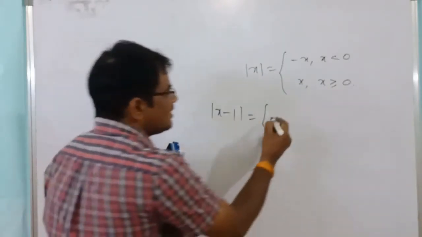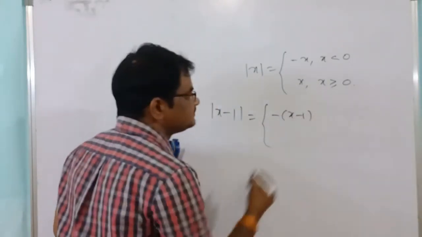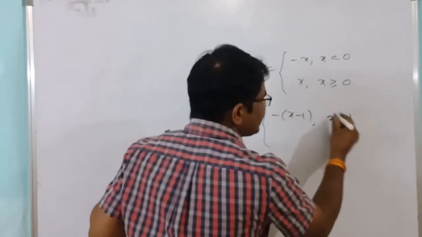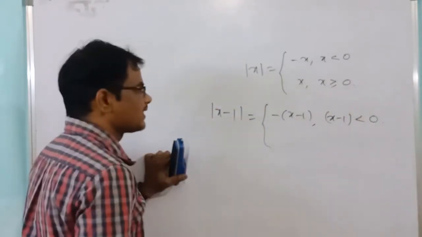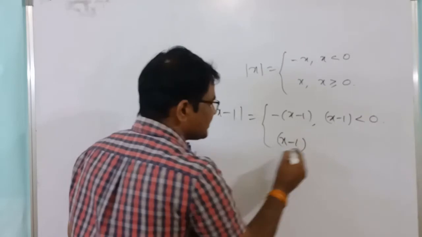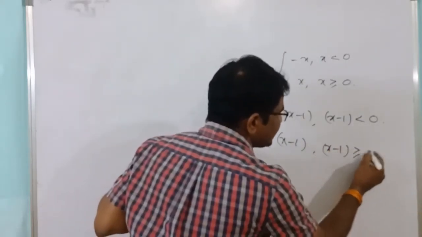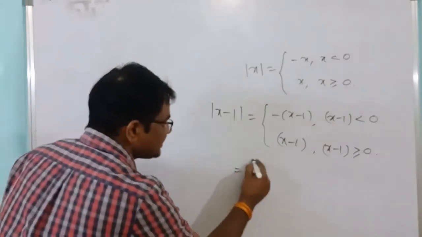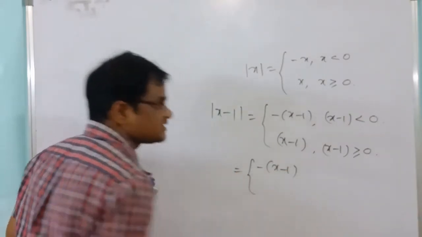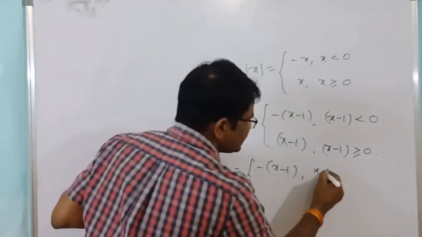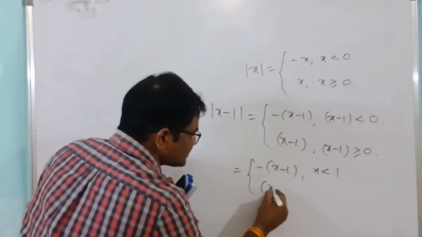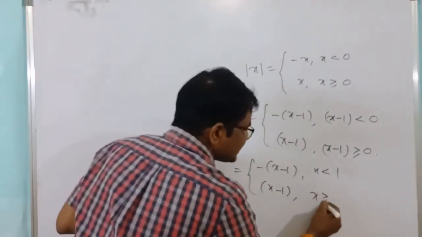Treat this as x. Minus of x minus 1 when x minus 1 less than 0 and plus x minus 1 whenever x minus 1 greater than or equal to 0. This can be written as minus of x minus 1 for x less than 1 and x minus 1 for x greater than or equal to 1.